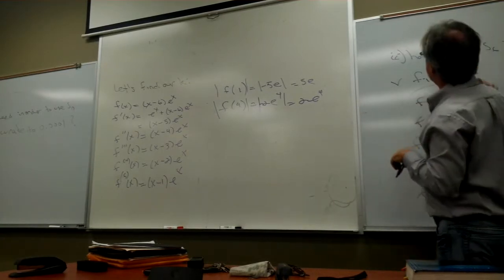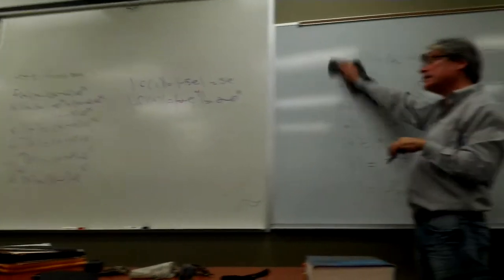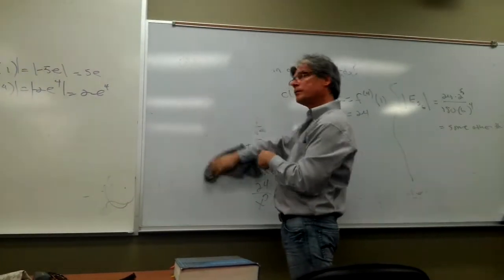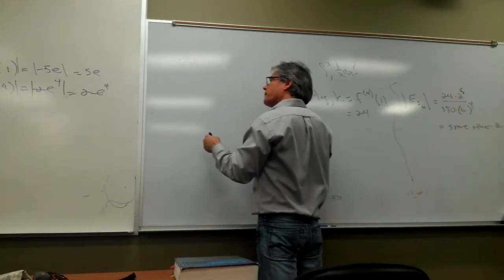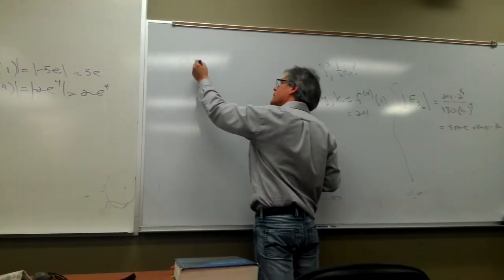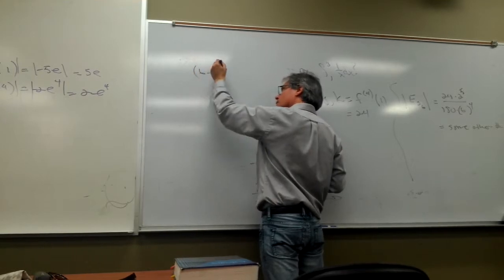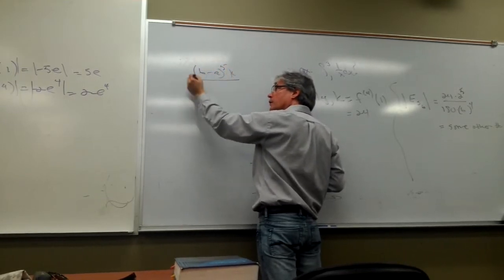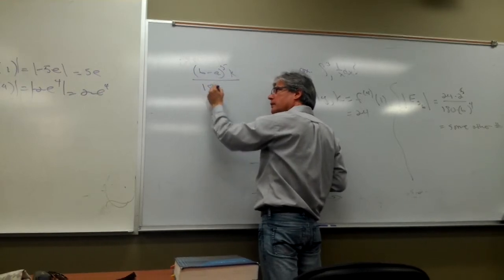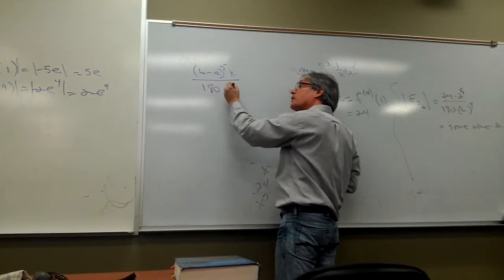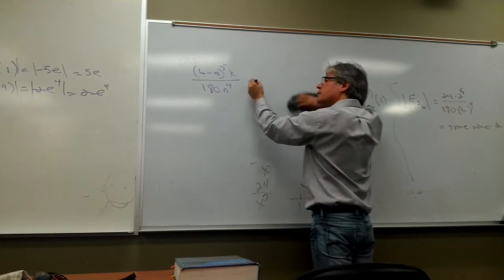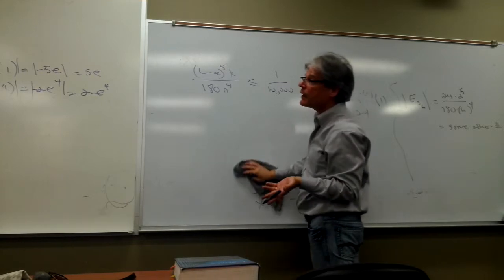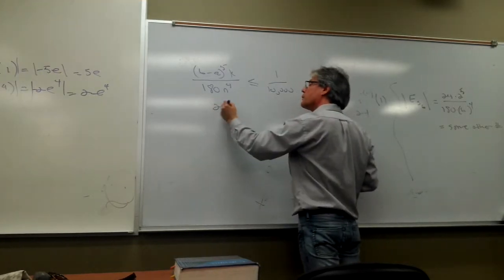So I maintain, to find the value of n, how many subdivisions I need to get that kind of accuracy, I'll simply pull out my formula, the error bound, which is nothing more than my b minus a to the what power? Times my k, all over, you might not remember the coefficient, but it was 180, 180 n to the 4th. We're going to force this thing to be less than or equal to 1 over 10,000. It's just that I already found my k value to have an upper bound of 3 times e to the 4th.